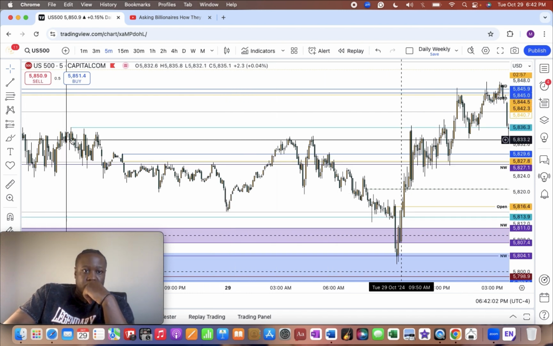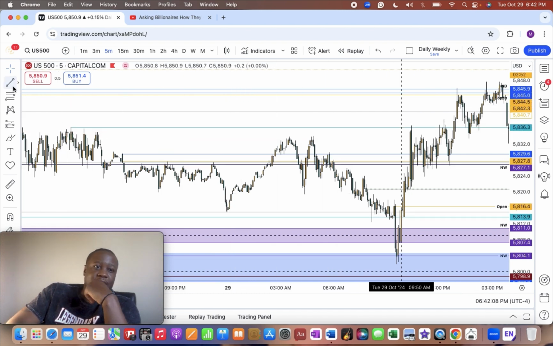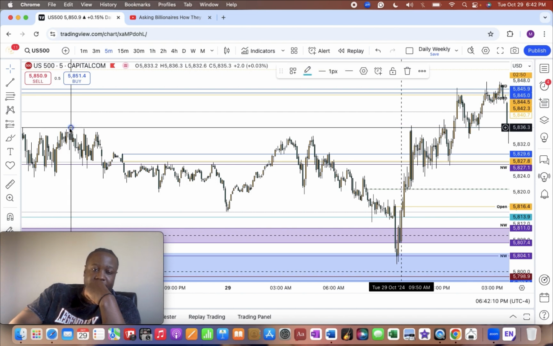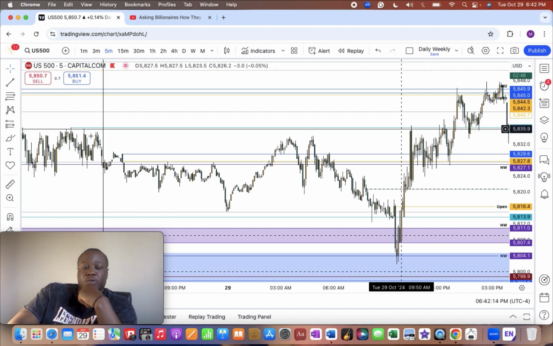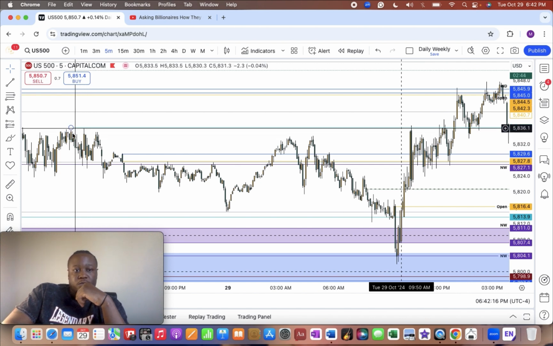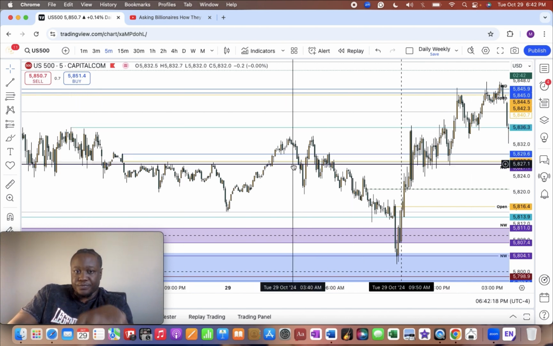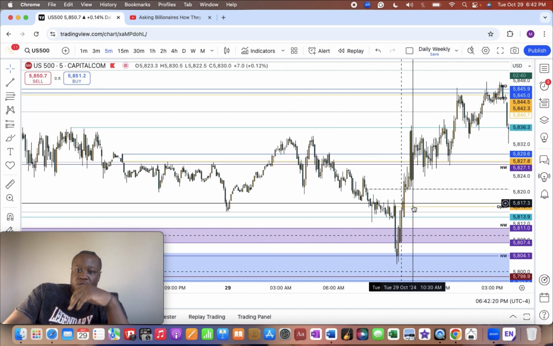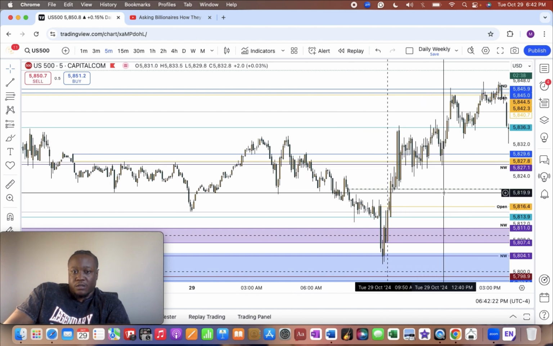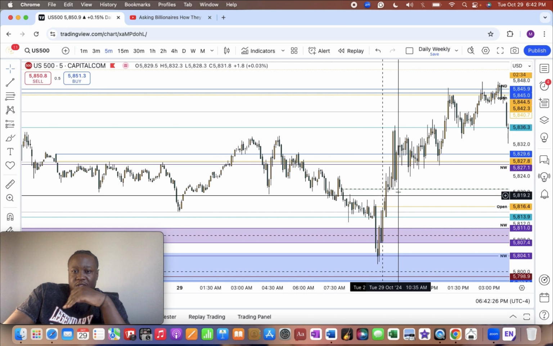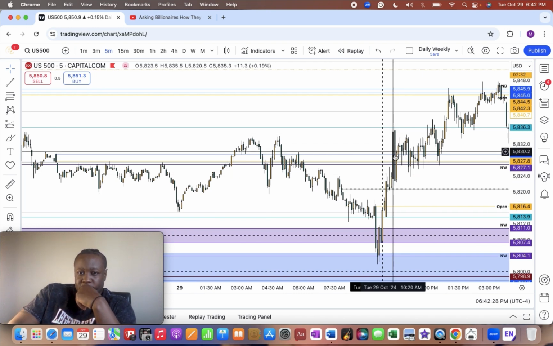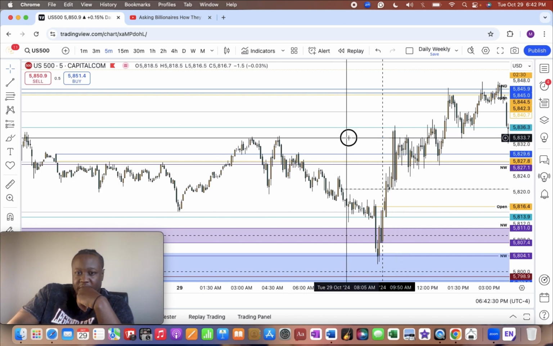And also, if you look over here, I still have this horizontal line right here where the market would be drawn to, because we have equal highs as well right here and over here. So you can see that, once these equal highs ran out, the liquidity was taken out of the market.